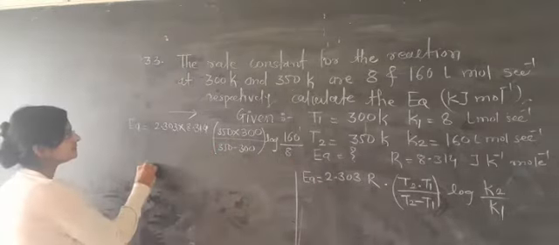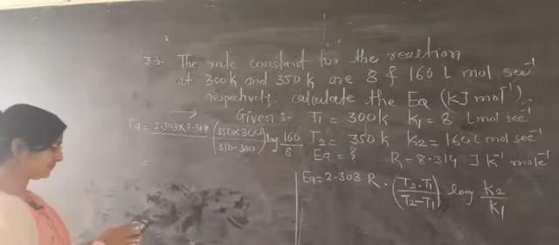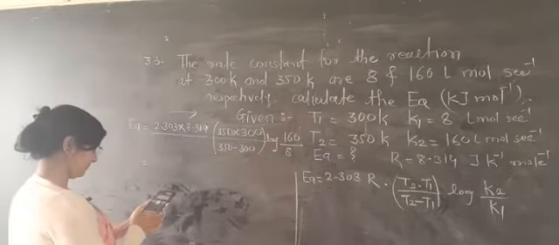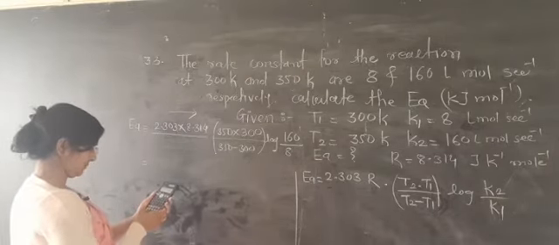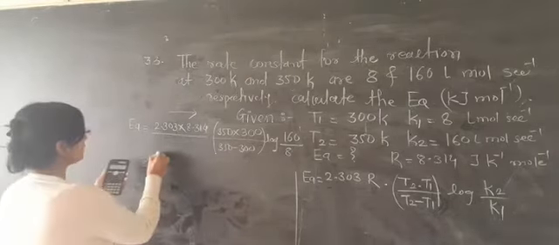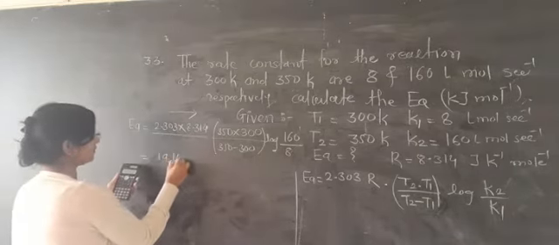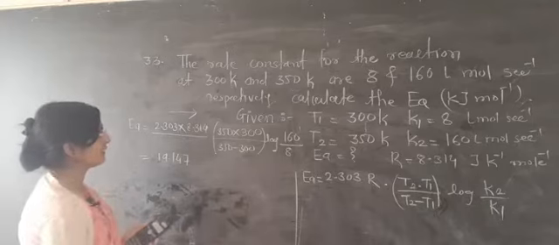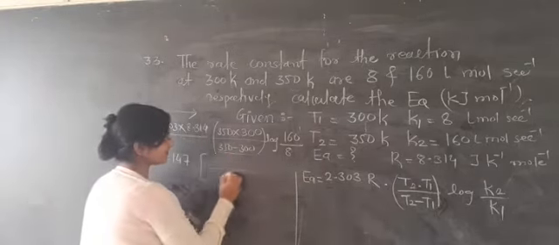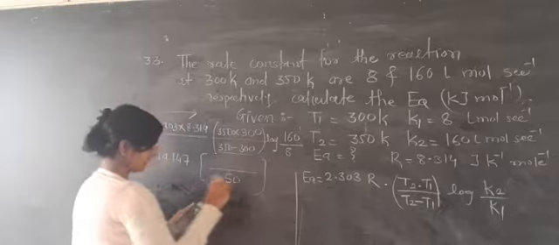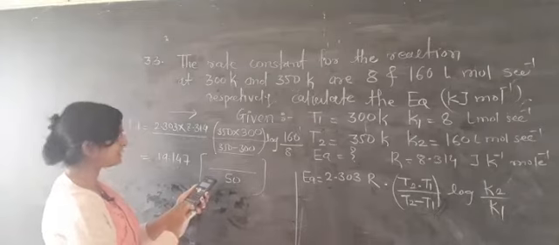Now friends, first multiply this term and go step by step. You will get 19.147 for this multiplication. Then the subtraction gives 50, and the multiplication gives 105000.